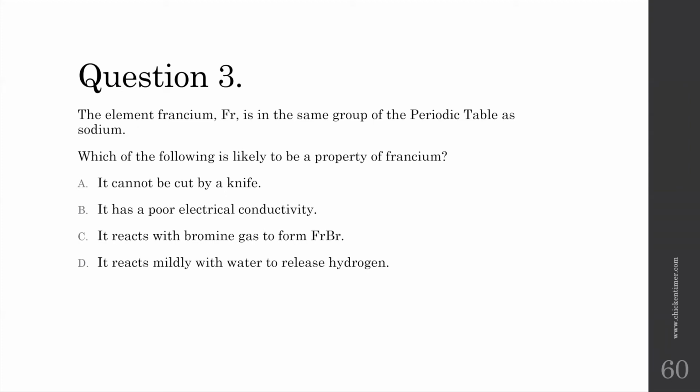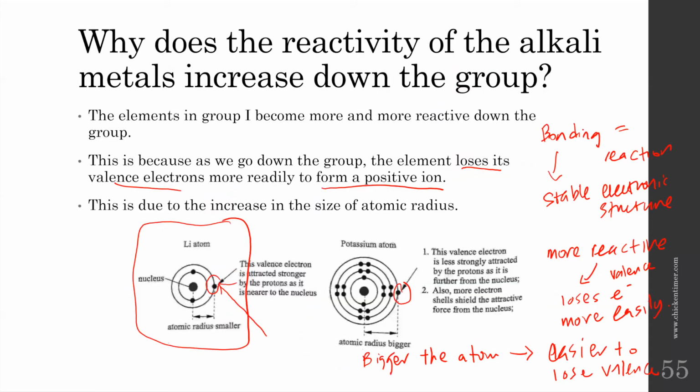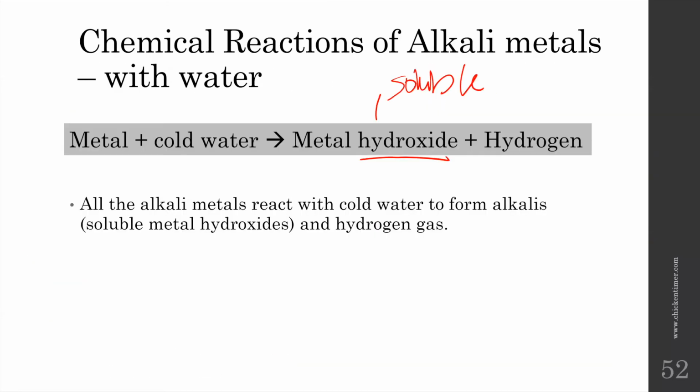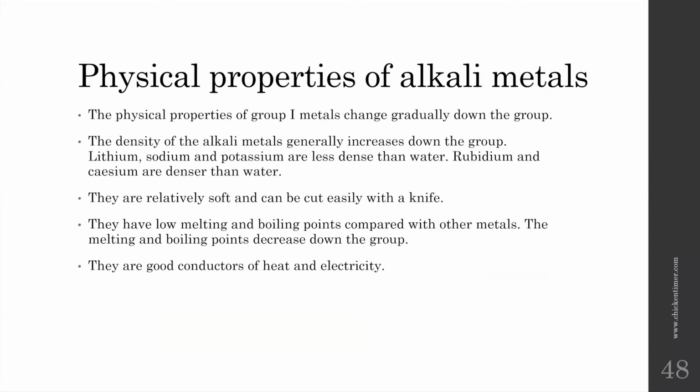Okay, so first, you need to know the properties of group 1 metals. The summary will be here. Physical properties of group 1 metals: they change gradually down the group.